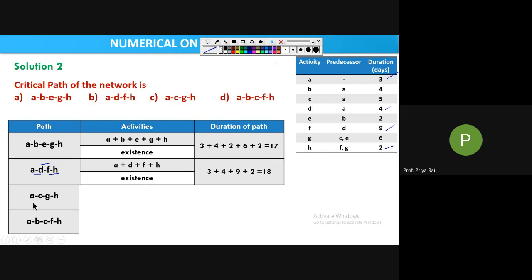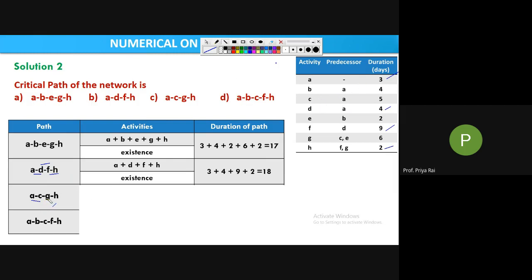Now similarly for this one, tell me, does this path exist or not? It exists, ma'am. A to C, that means C's predecessor is A. Exists. Very good.